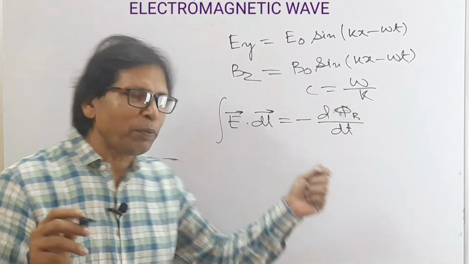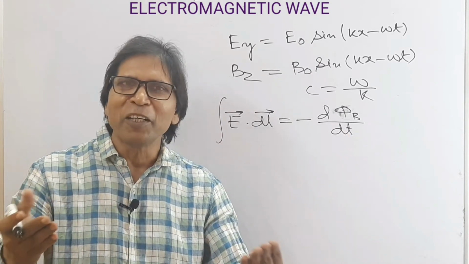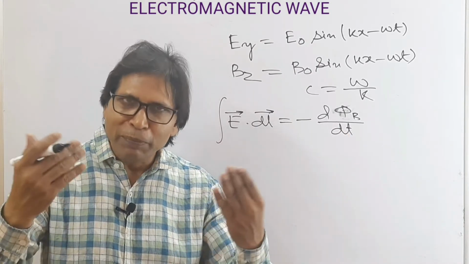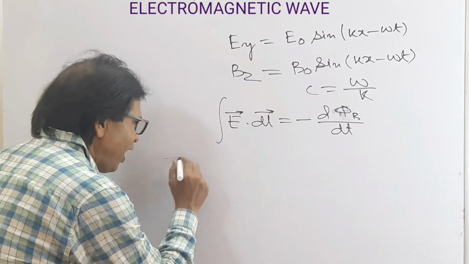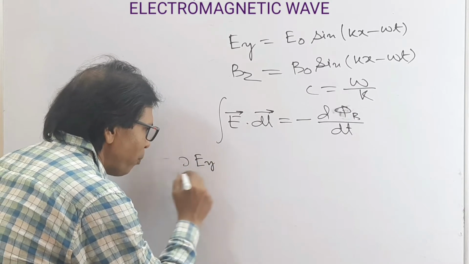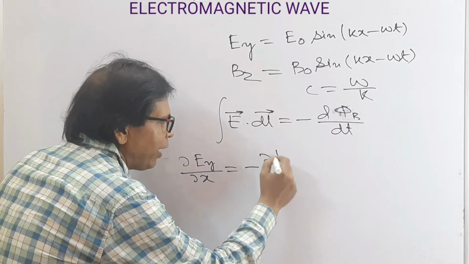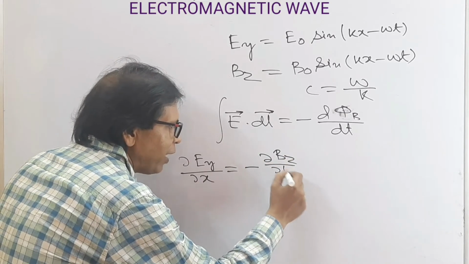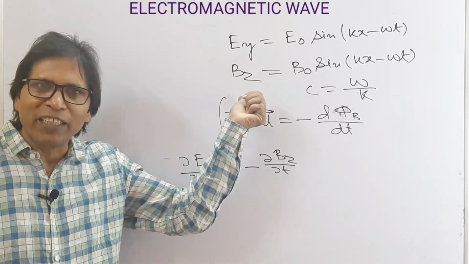So from this expression we can prove that a time varying magnetic field produces a space varying electric field. So this is del Ey by del x equals minus del Bz by del t. Now put the values of Ey and Bz.